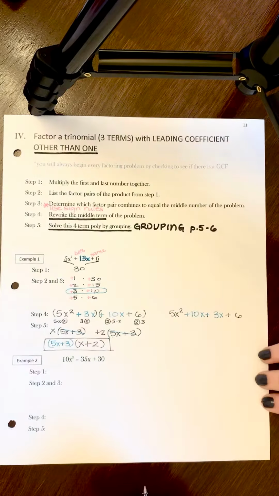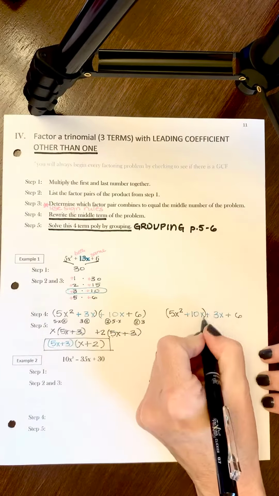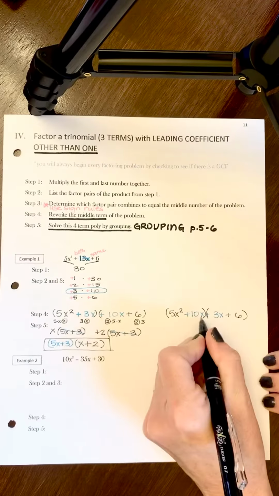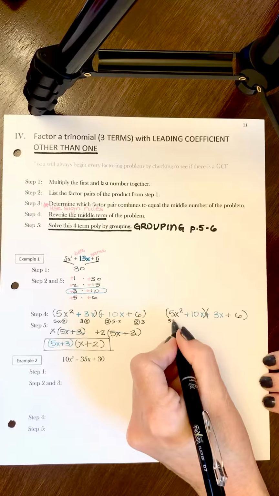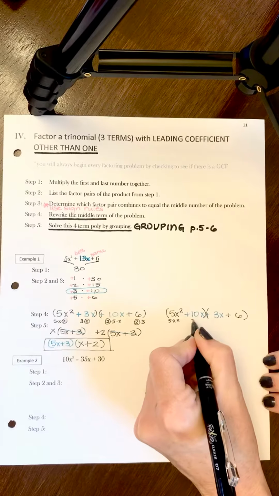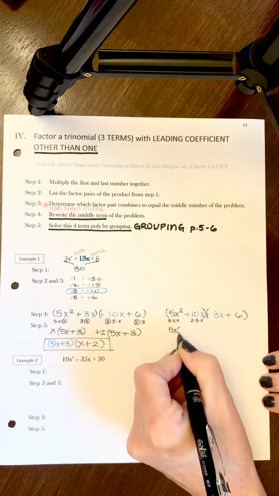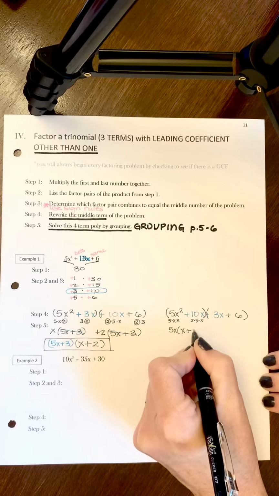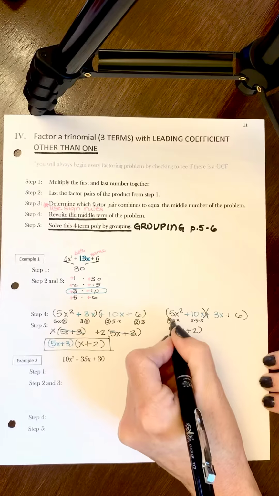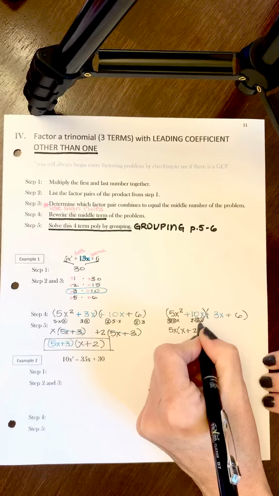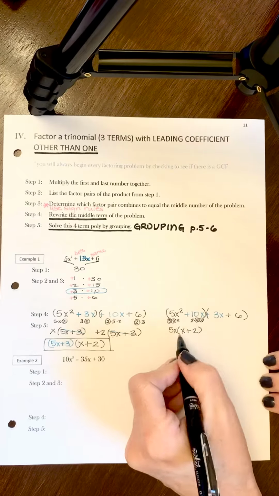Okay, now it's a 4-term polynomial, so I'm going to factor it by grouping the first two together. Now they have a 5x in common, so I'll take that out. I'll be left with an x plus 2. Wait, I'm taking out that one, and I'll be left with x plus 2.